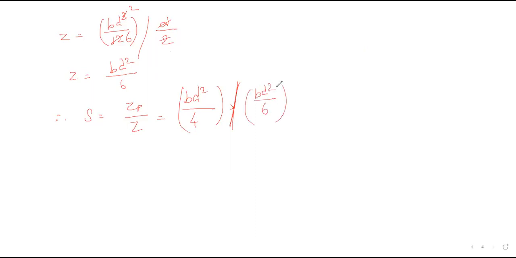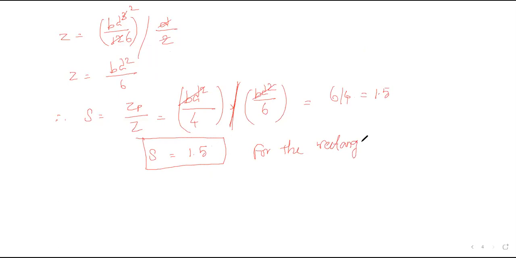So BD squared gets cancelled, and it becomes 6 by 4, that is 1.5. So S is equal to 1.5 for the rectangular section. This is a unitless quantity, so there is no unit for the shape factor value.